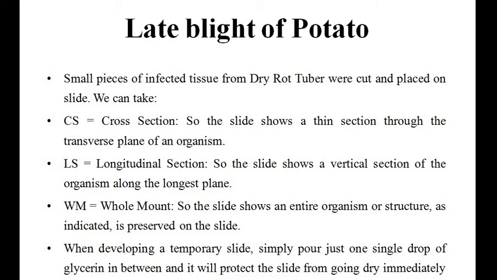In cross section, the slide shows a thin section through the transverse plane of an organism. In longitudinal section, the slide shows a vertical section of the organism along the longest plane, and in whole mount, the slide shows an entire organism or structure as indicated and is preserved on the slide.